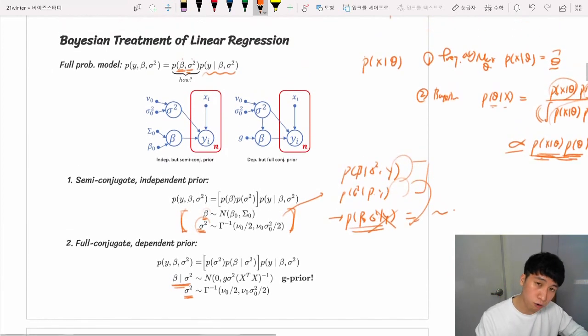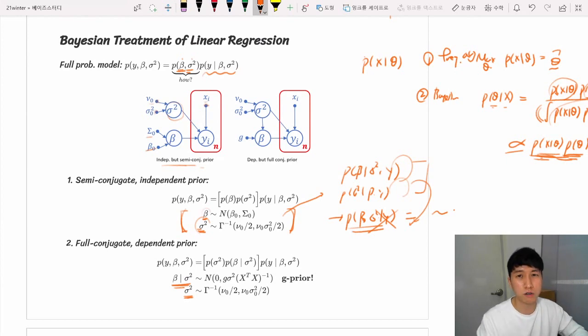So in the diagram, this is actually called the Bayesian network. The uncolored circle here denotes a random variable, and this dot here denotes something other than a random variable. Xi is a deterministic parameter, and nu 0, sigma 0 squared, and all these things are priors that you gave.